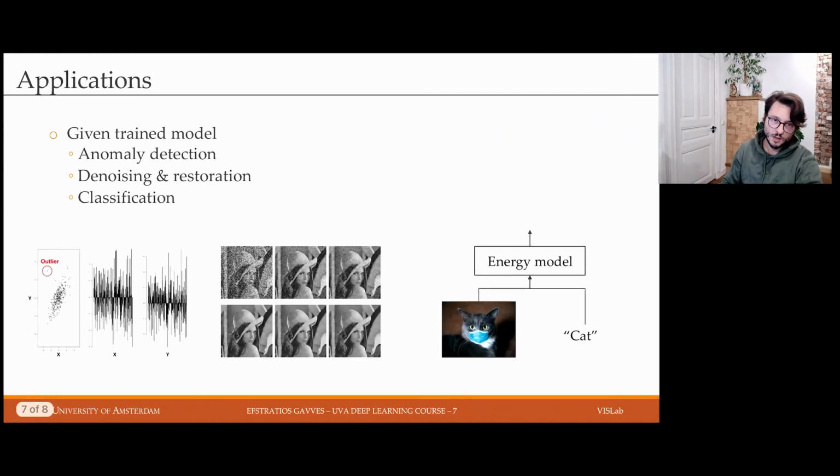Now, some applications of energy-based models, assuming a trained model. It's very nice because we can do anomaly detection. So basically see whether the likelihood of a particular input makes sense, is high enough or not. If it's not, then it means that probably there is an outlier there. We can do denoising and restoration, so we can start flipping inputs until we obtain higher and higher likelihoods.